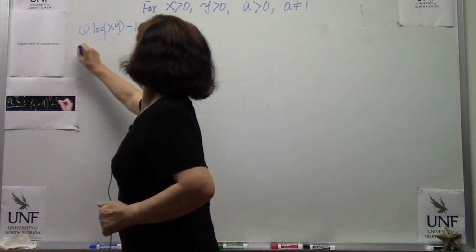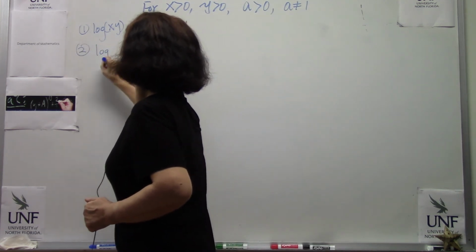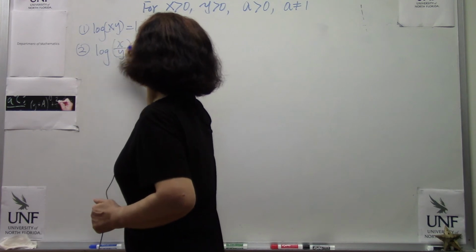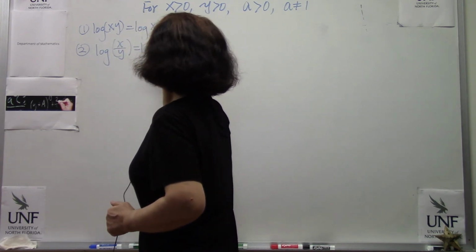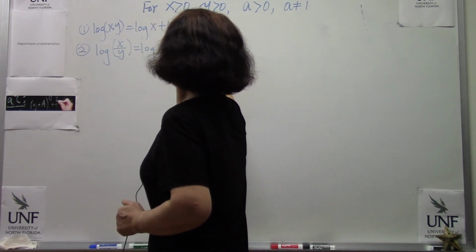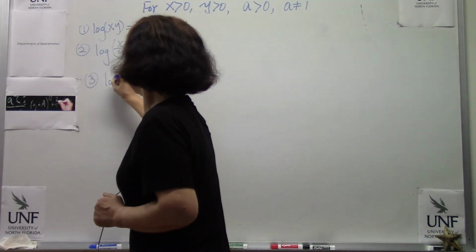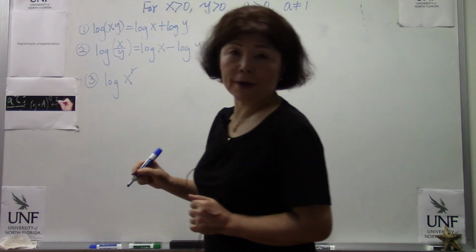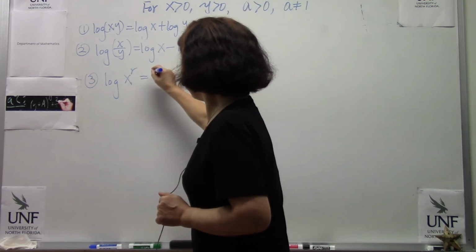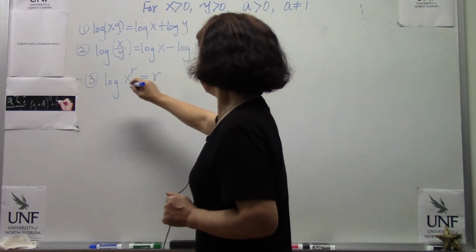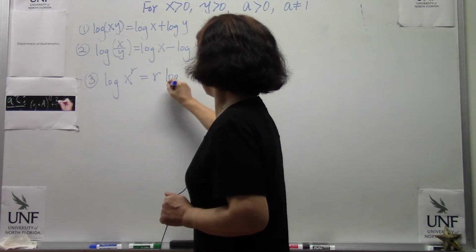The second one was log x over y, which is log x minus log y. The third one was log x to the r power. In that case, that power will come to the front, so it becomes a coefficient.